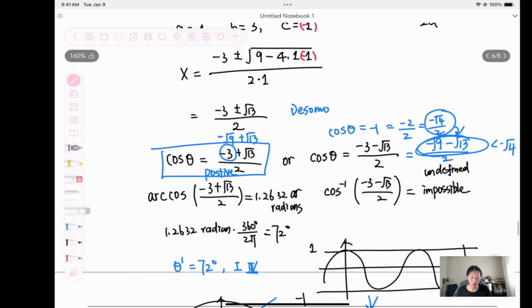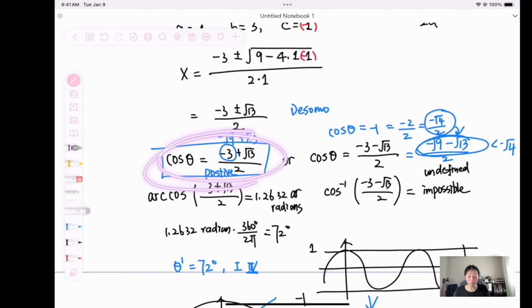With this solution, I solve that this is 72 degrees, which is a reference angle for the cosine theta. Also since this is a positive number, I know that cosine theta is positive only if they're in the first and the fourth quadrant.